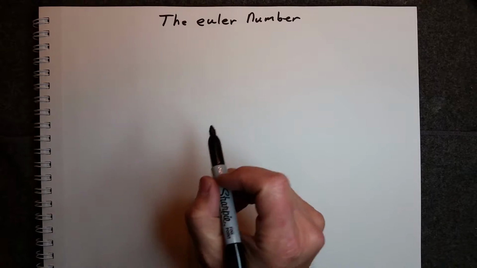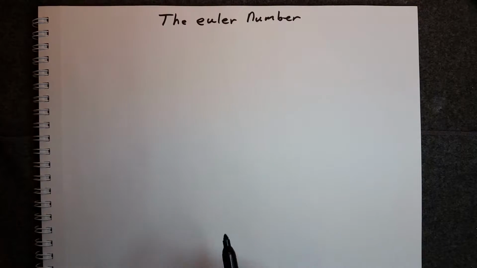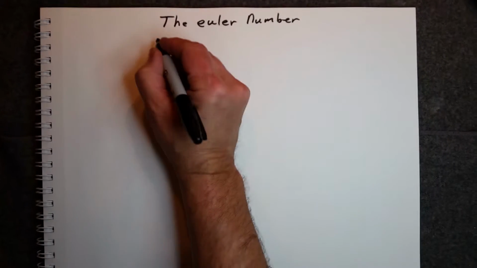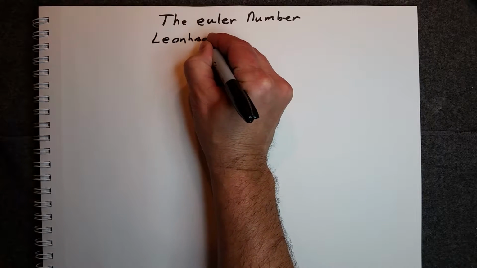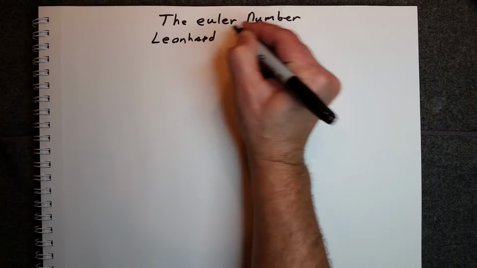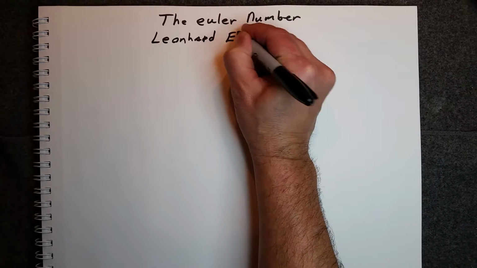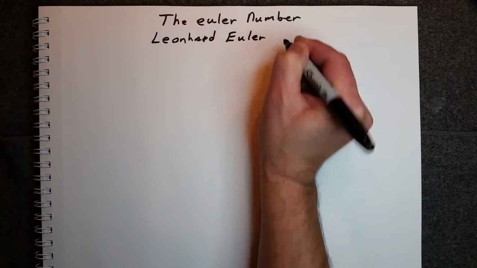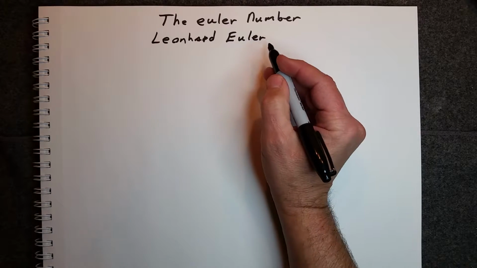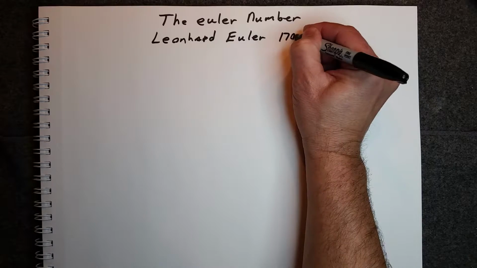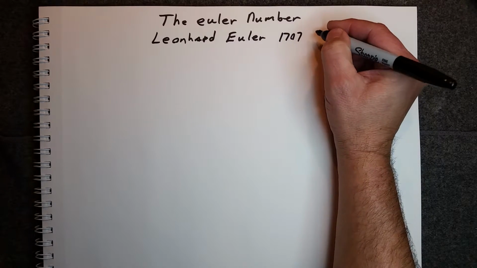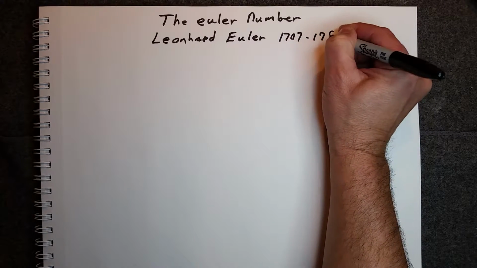The Euler number is called the Euler number because of a famous mathematician named Leonhard Euler. He was Swiss, and that's how he spelled his name, pronounced "Oiler." He lived from 1707 to 1785.